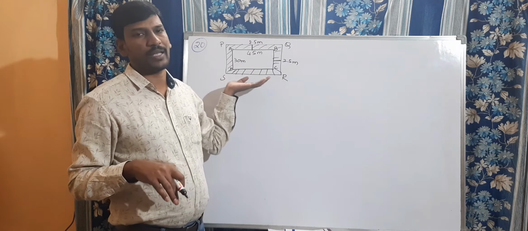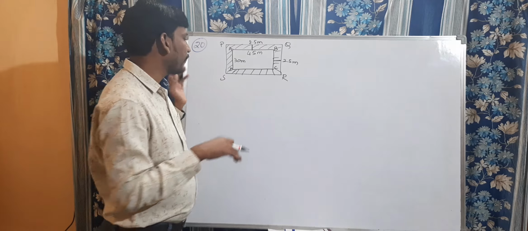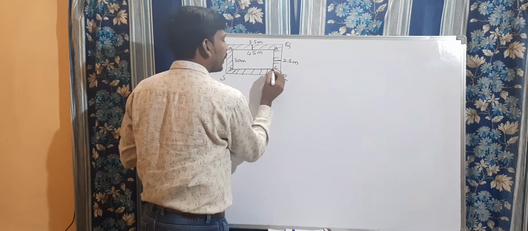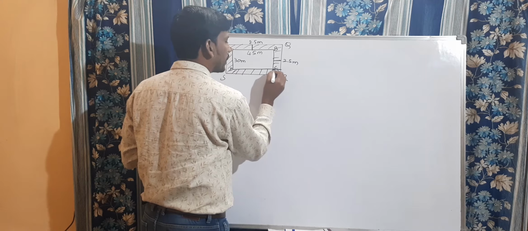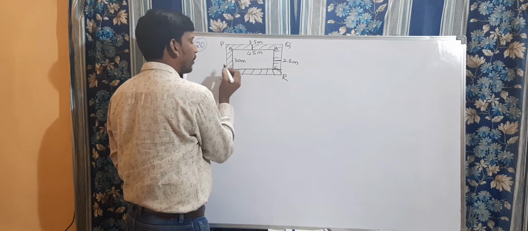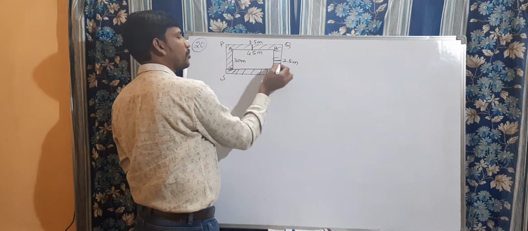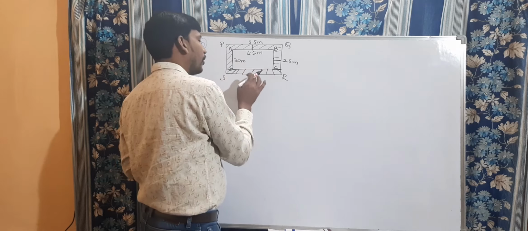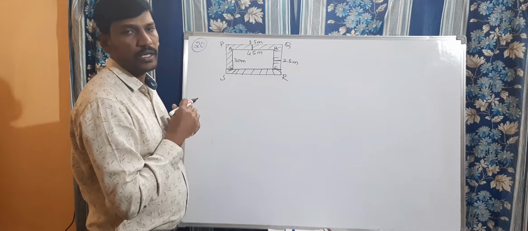Now see this here, to find the length and the breadth of the outer rectangle, we should add here. This is 45 meters. From here to here it is 2.5 meters, and from here to here also 2.5 meters. So 2.5 plus 2.5 is 5 meters. That 5 we should add to 45, you will get length of the outer rectangle.